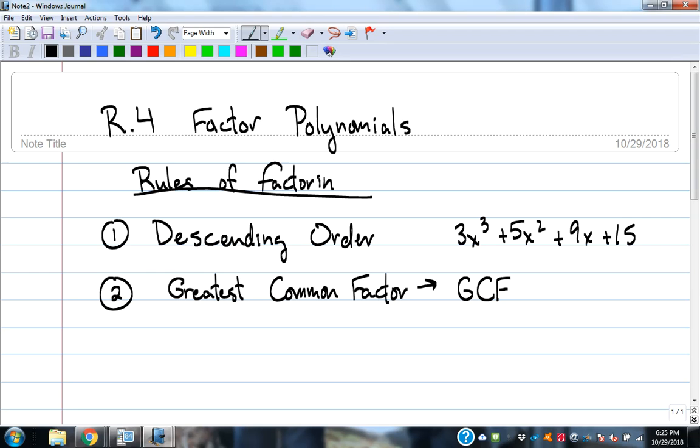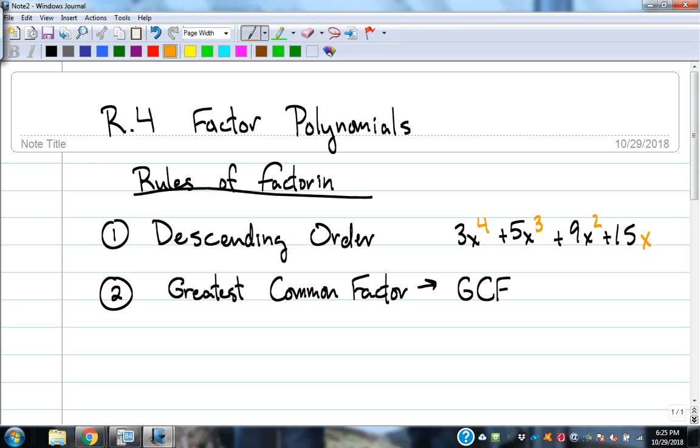If a letter is part of the greatest common factor, then that means every piece in that polynomial has that letter. And you can only take the smallest number of those letters. So if I had, changing it up a little bit, x to the 4th power, 3rd power, 2nd power, and then an x.